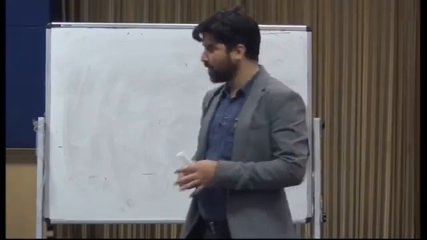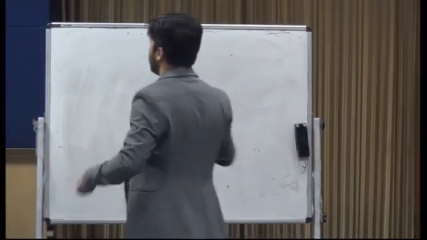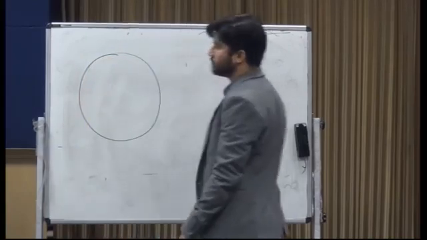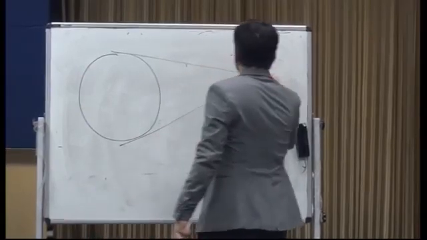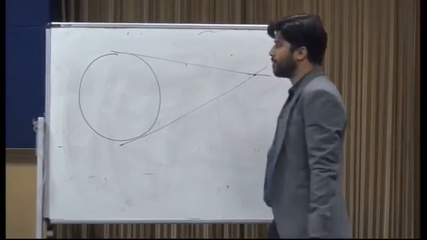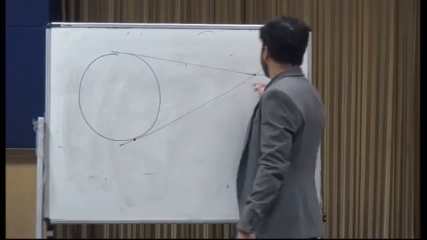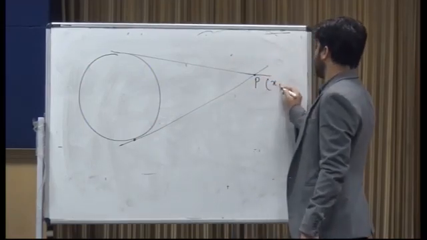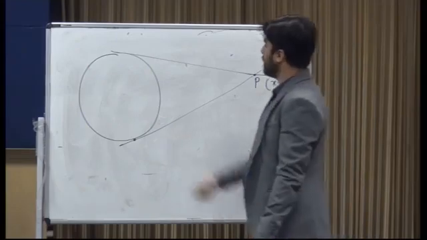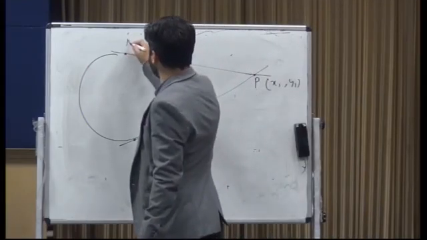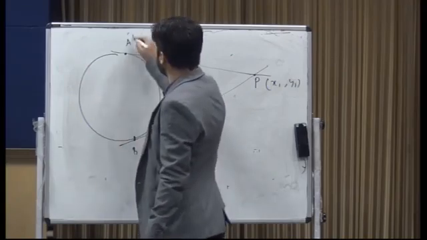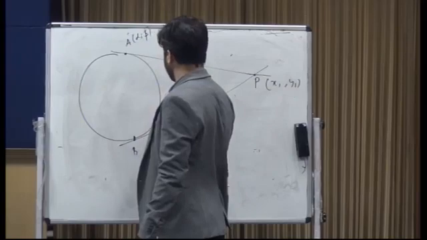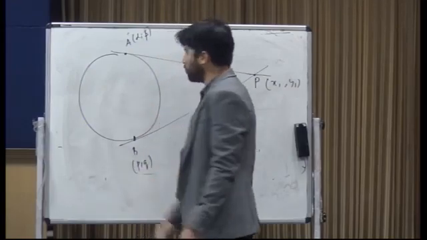Okay. Now, let's say you have a circle and then you have drawn a tangent from point P. This point, let's say, is called x1, y1. And let's say the points of contact are A and B. These are alpha comma beta and p comma q.